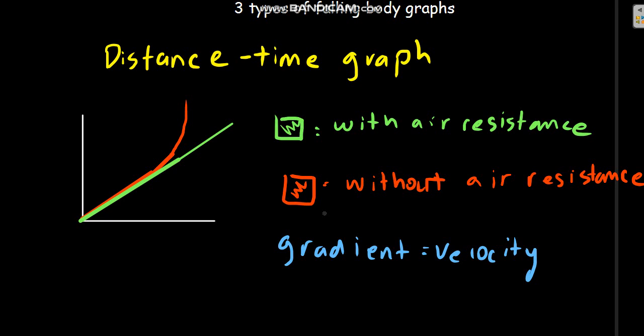So the gradient represents velocity. Let me rewrite that. Anyway, you get what I mean. The gradient is the slope of this line, and it represents the velocity.